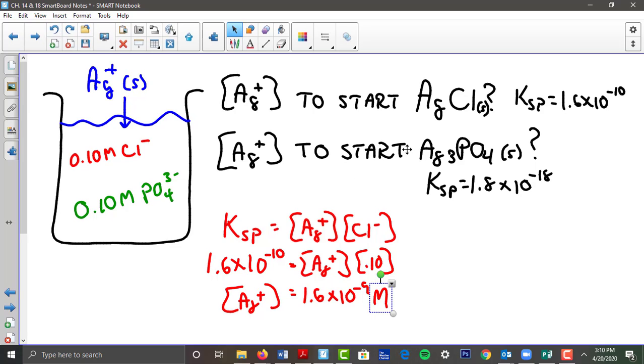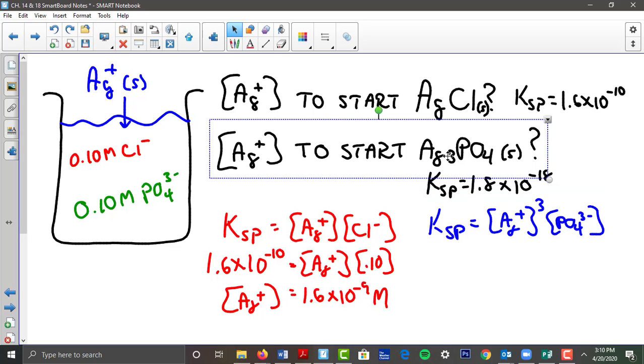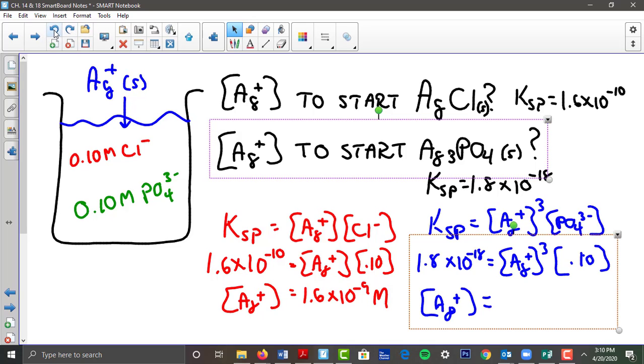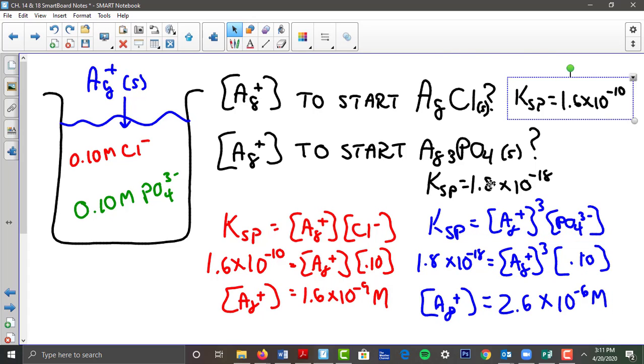Now, what about the silver phosphate? Be careful and make sure that you raise this to the third power because of the 3 silvers that form. So I plug in the initial concentration of my phosphate ions, 0.10, solve for silver ions. Remember, take the cube root. We get 2.6 times 10 to the negative 6. So you might have thought initially by looking at these 2 KSPs, oh, this is much less, it's going to precipitate first.